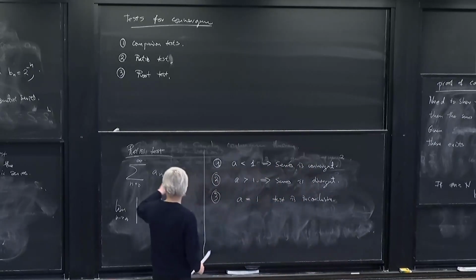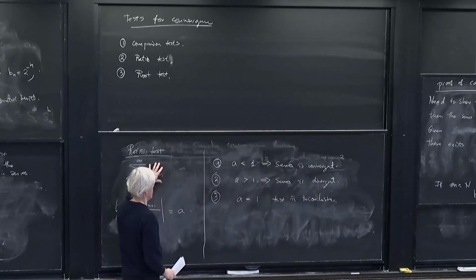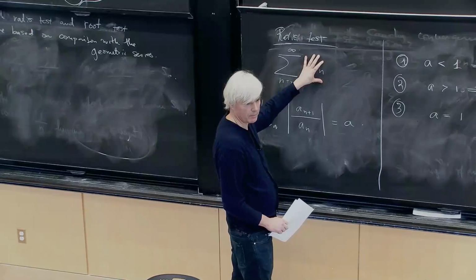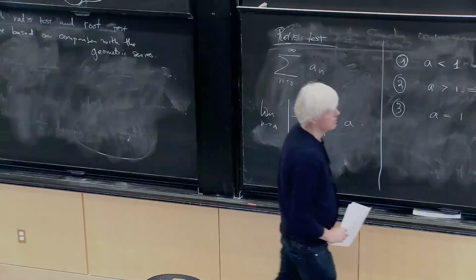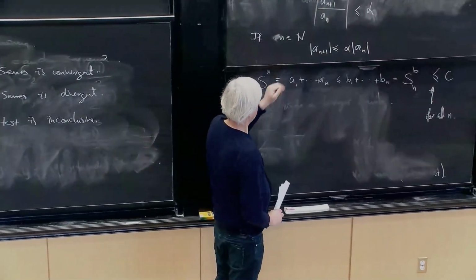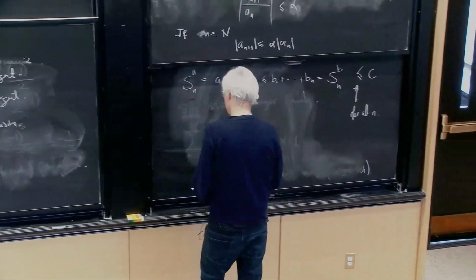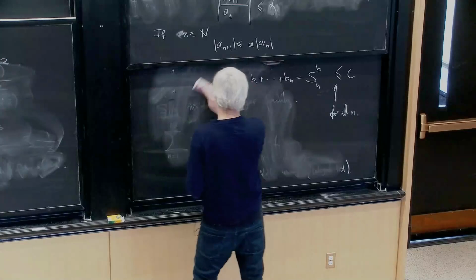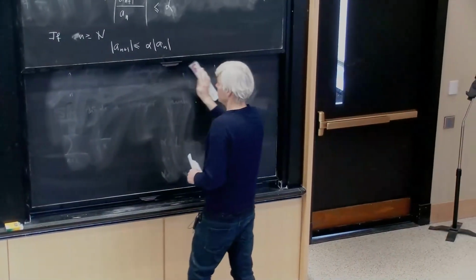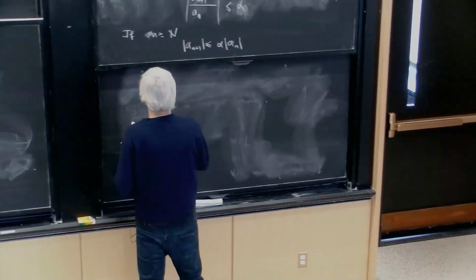In the ratio test, I should have said that obviously you are assuming that these a n are not 0, so you can divide by them. So if you're far out, the next one is a fraction of the previous one.